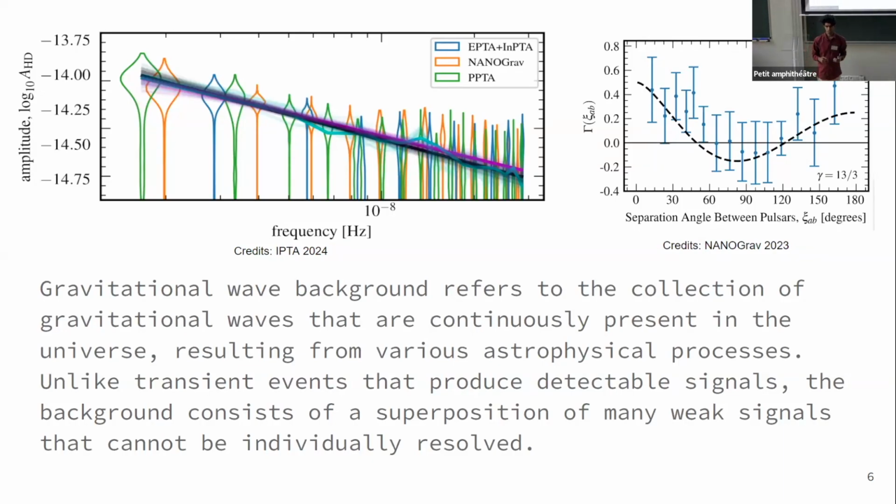But how do we know whether it's gravitational wave or not? For that, we take the correlation and have to understand it. If it follows that dotted line, then that's the correlation profile for gravitational waves from supermassive black hole binaries. If we have a monopole, then there will be a straight-line correlation.